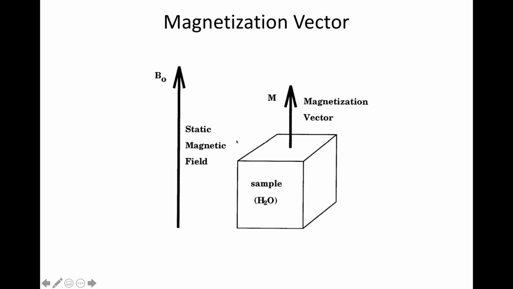The magnetization vector is a concept such that when you apply a static magnetic field, so we put this sample in that 1.5 T magnet, the sample itself will generate a magnetization vector. It will become slightly magnetized, okay? This is the difference between the protons in the lower energy spin state.